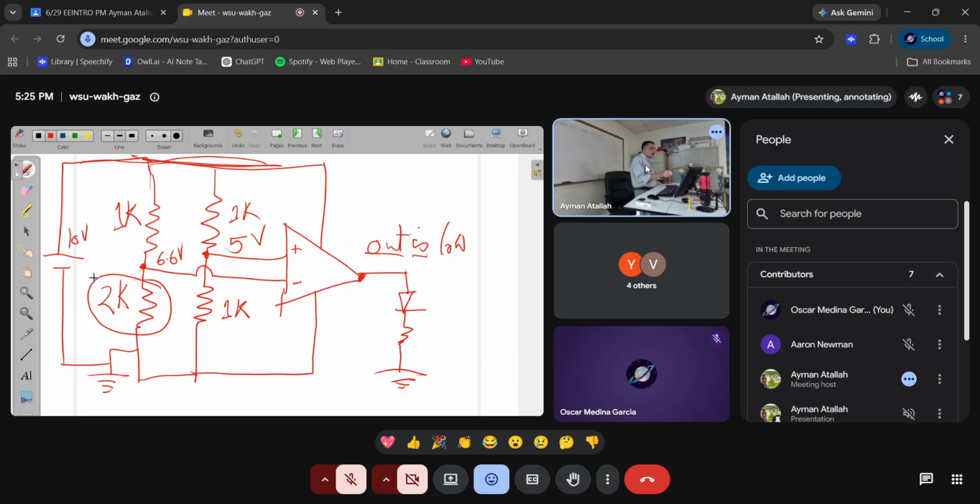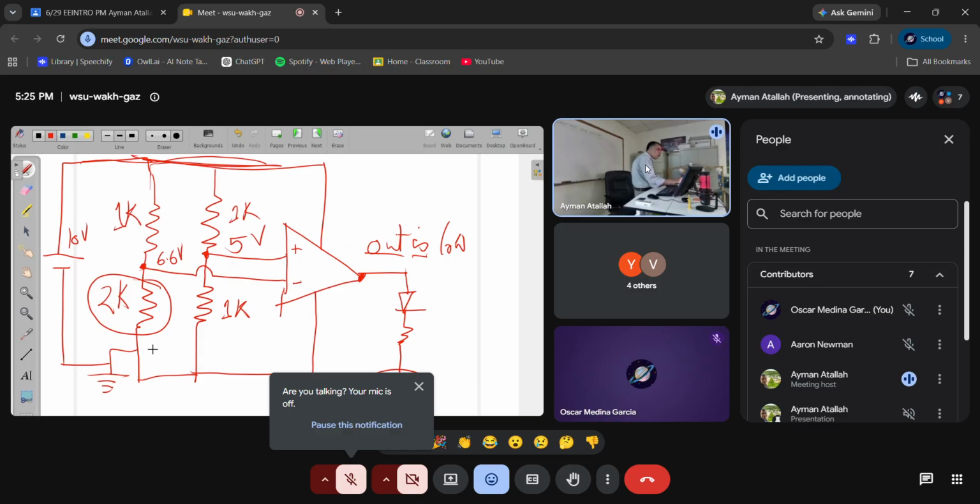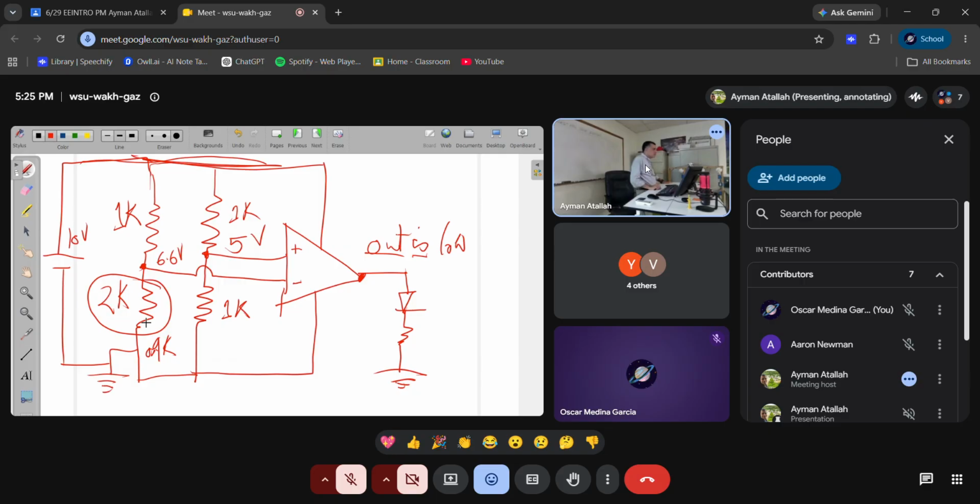Okay, so if this is decreased to 0.9 K, something happened and the resistance here decreased. So what will happen to the voltage here? We have two resistances here, but this resistance is lower than this. So the voltage between these 2 points will be lower than 5. So the voltage here will be higher than this voltage, and this will be high. And the light emitting diode will light.